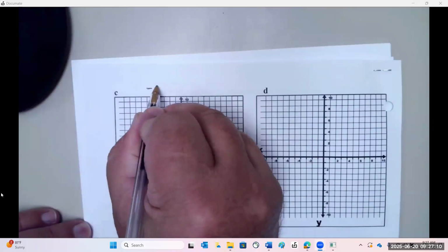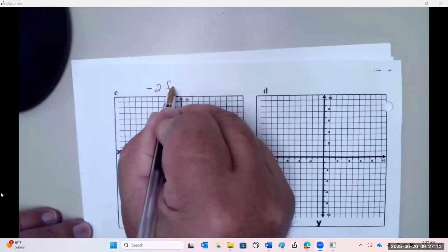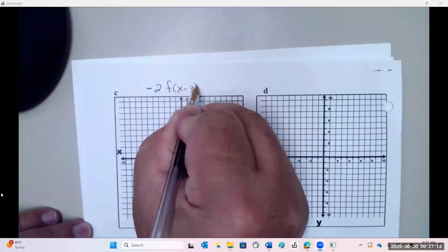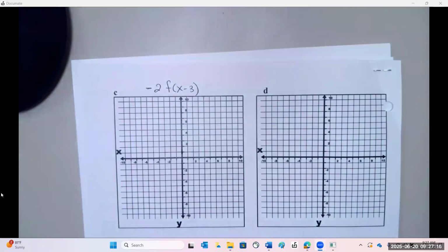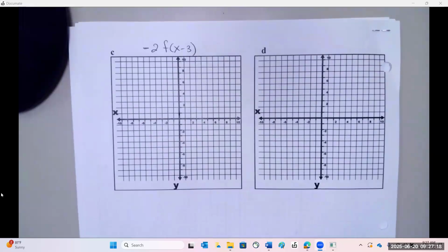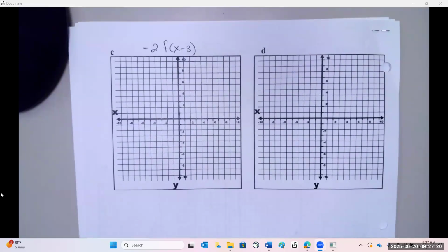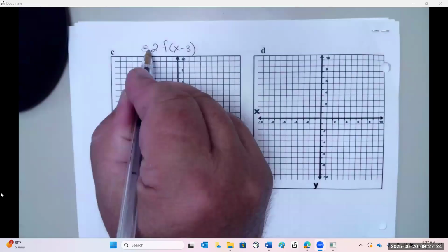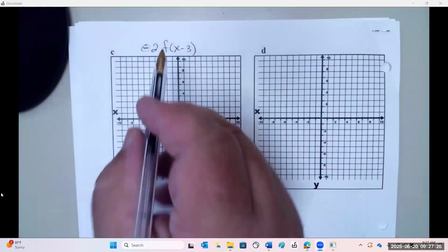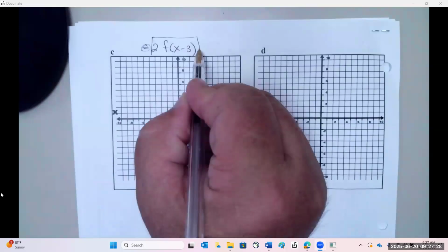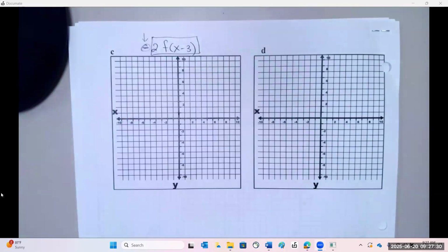So now we take all of our y values and just change the sign of our y values. We've done the rest already. All we got to do now is change the sign of y values.